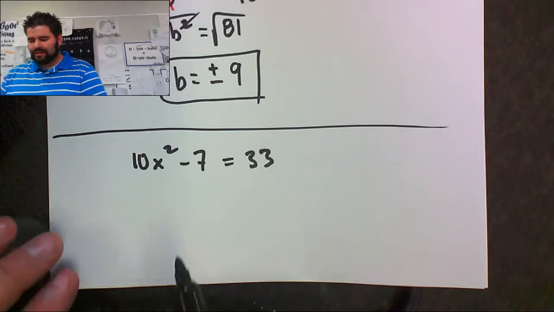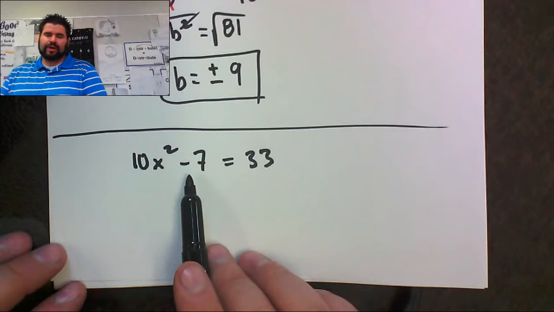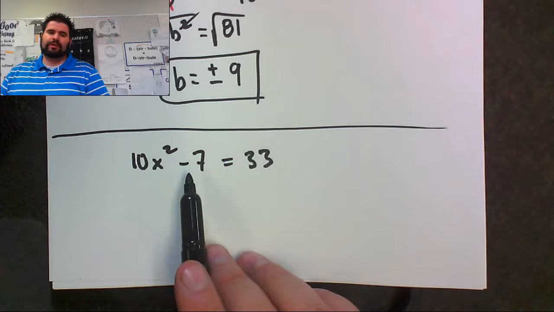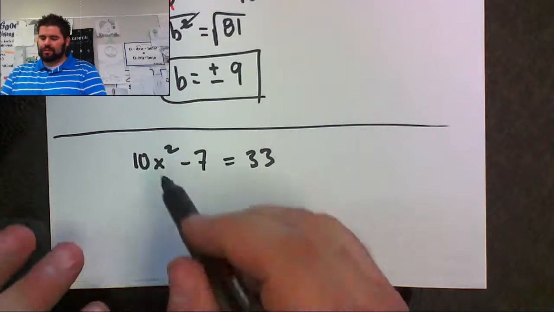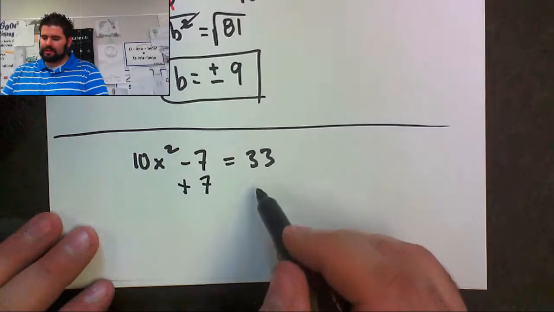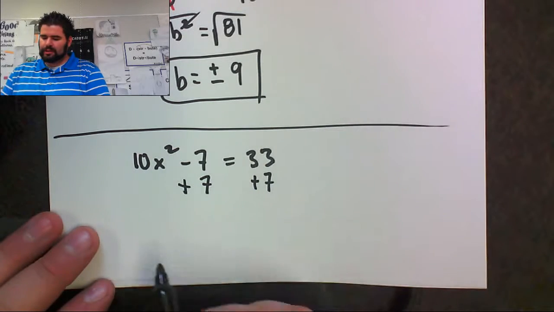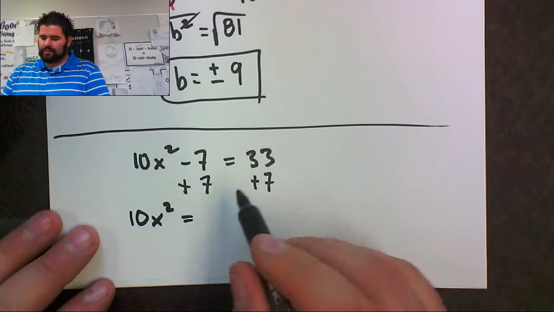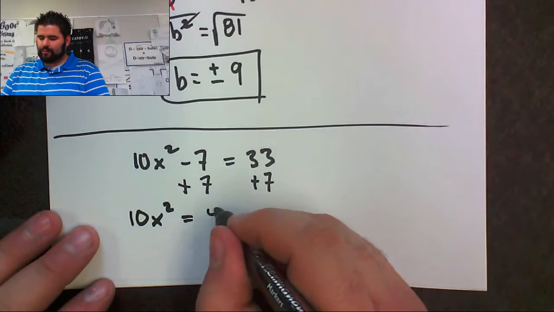In this case, I see that I have a subtraction sign, and the opposite of subtraction is addition. So I'm going to add 7 to this side and to this side. I'm left with 10 times x squared equals 33 plus 7, which is 40.